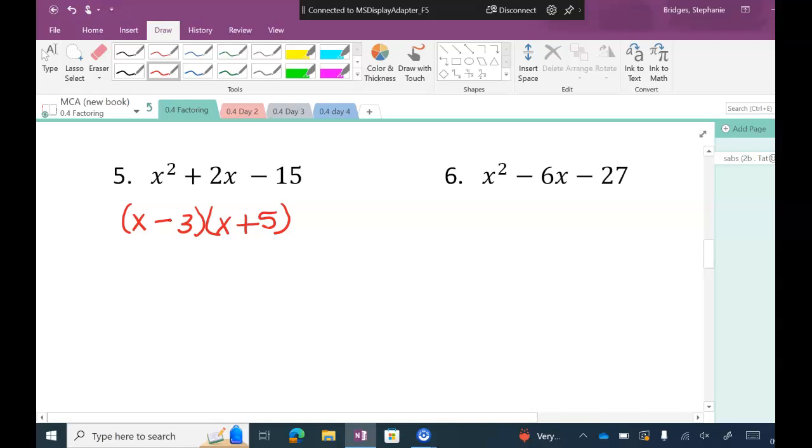Okay. So, if the second sign is a minus, you want factors of the last term that subtract to get the middle term.